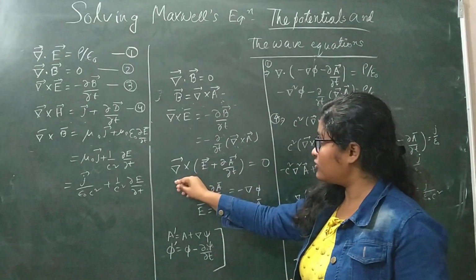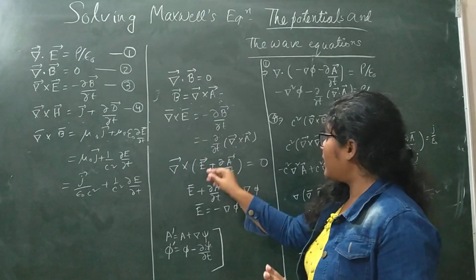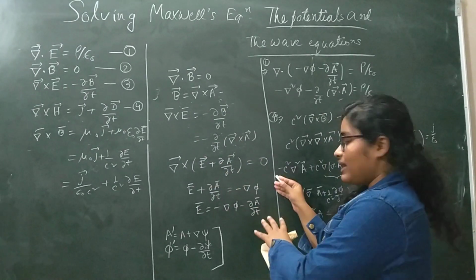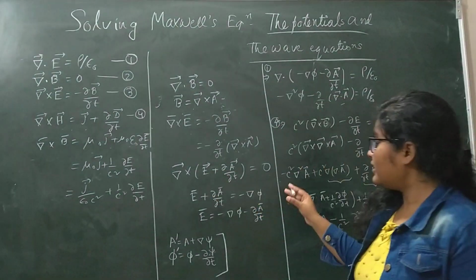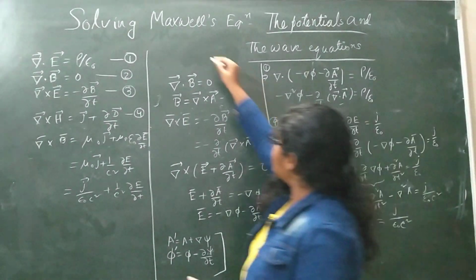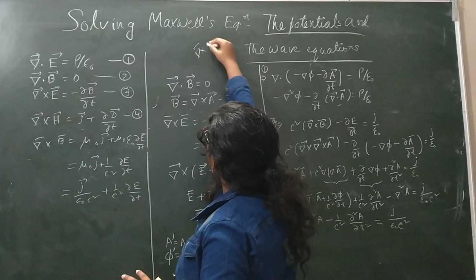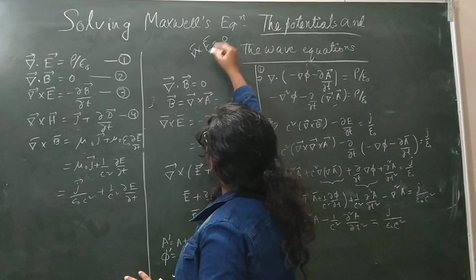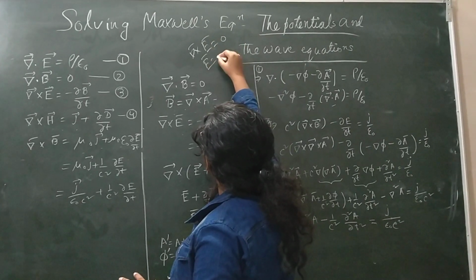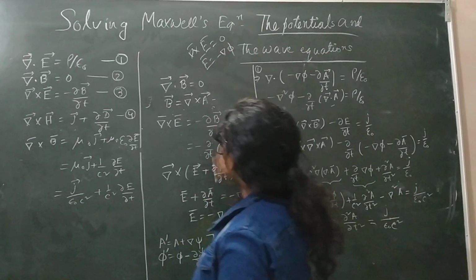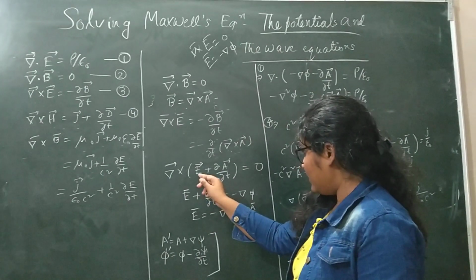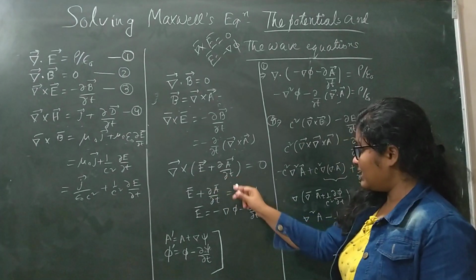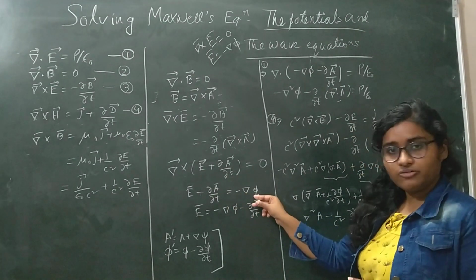You take the curl outside and put the two quantities together, making the right hand side equal to 0. Suppose the curl of any quantity is 0, then that quantity can be expressed as minus gradient of some scalar field. So here I can write E plus del A del T equals minus gradient of phi.